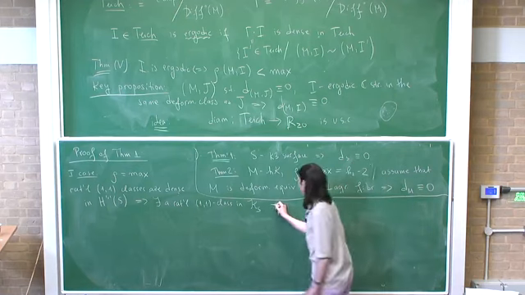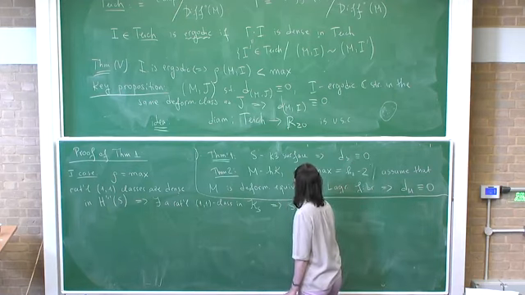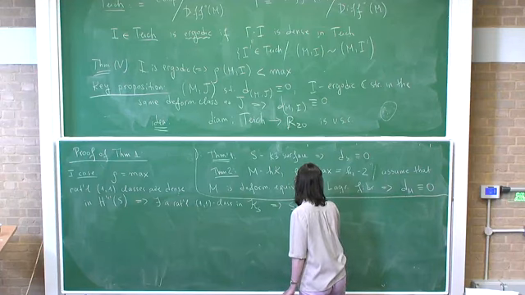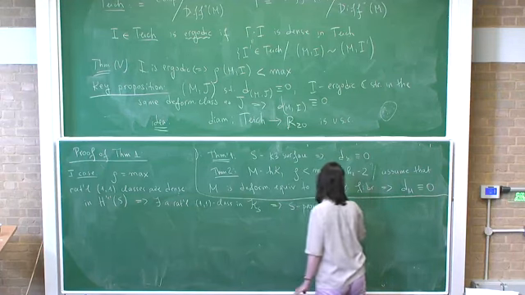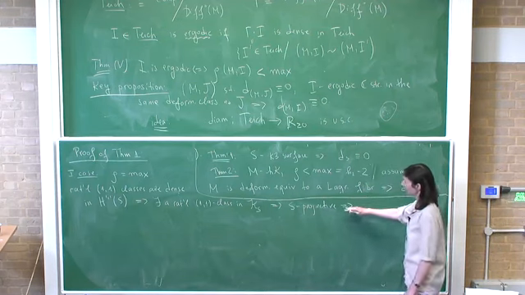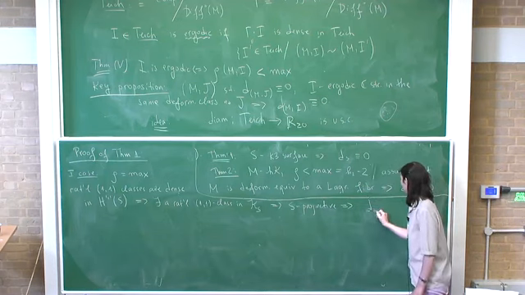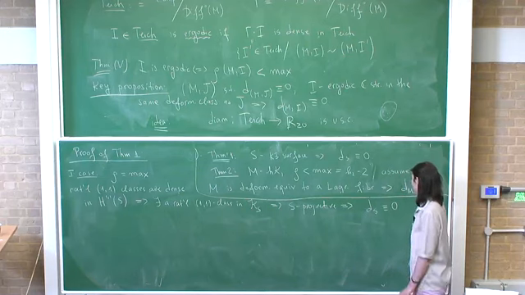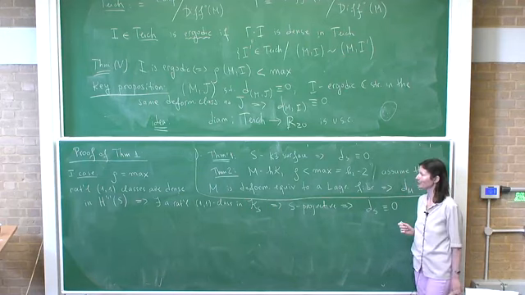Well, by Kodaira, this means that this is projective. And for projective K3 surfaces, we already know that the Kobayashi pseudometric is 0.